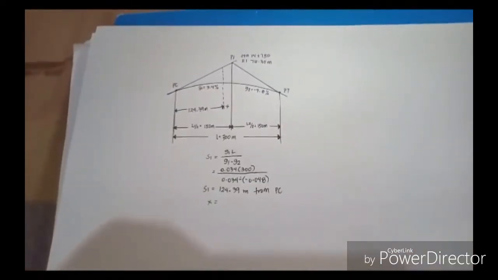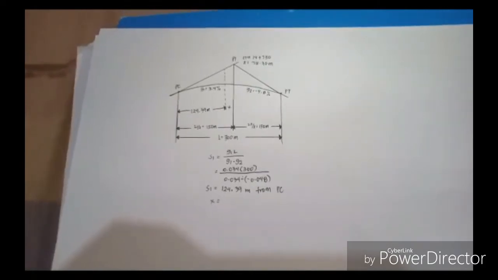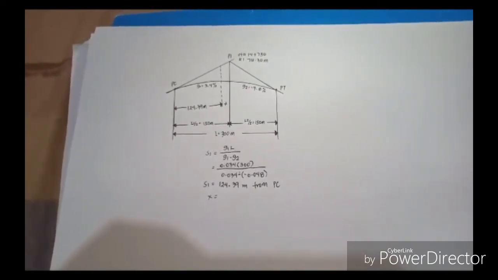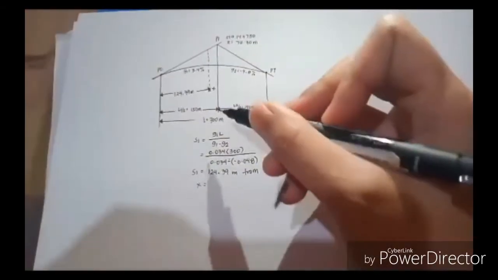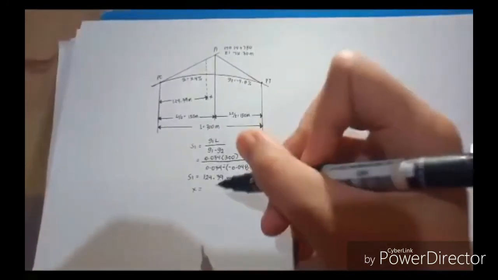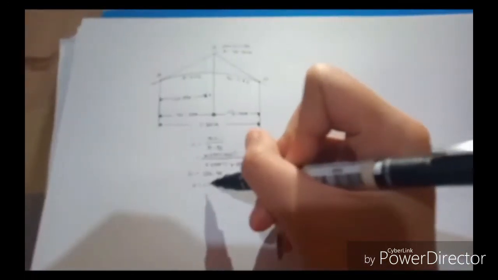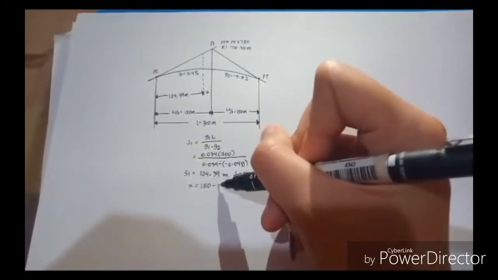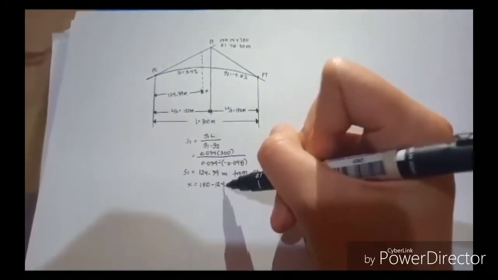Para makuha natin yung value ng x, which is the location of the vertical curve turning point from the PI, yung half ng length of the curve, 300, yung half nun is 150, i-minus natin sa S sub 1, which is 124.39 meters.